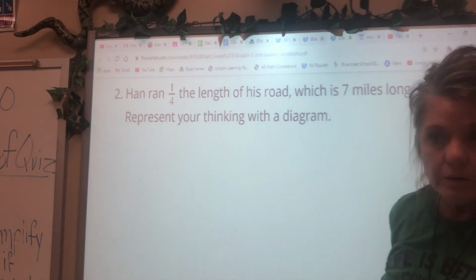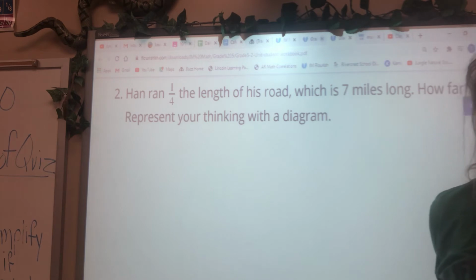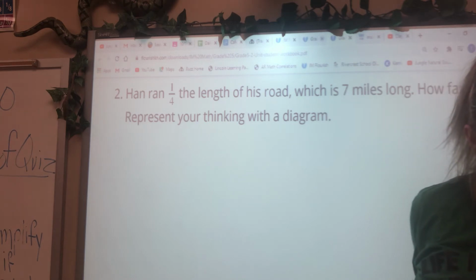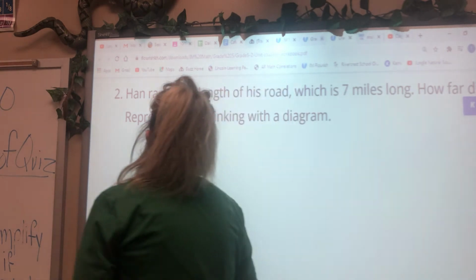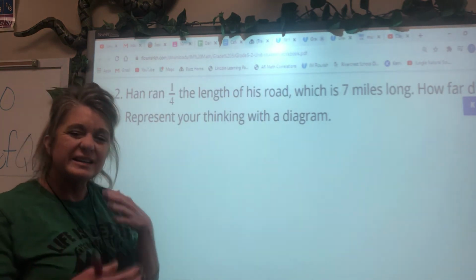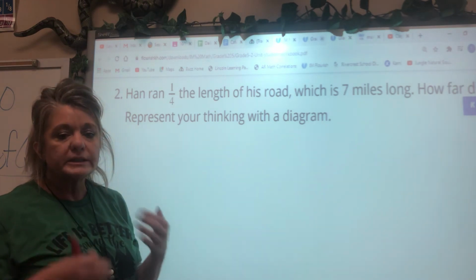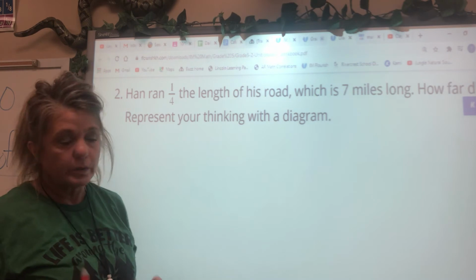A 3-mile race being run or split into 4 different runners. And when we've been writing it as fractions to help you find your fraction one, because finding that fraction one really helps out in determining which of the others are also equivalent.